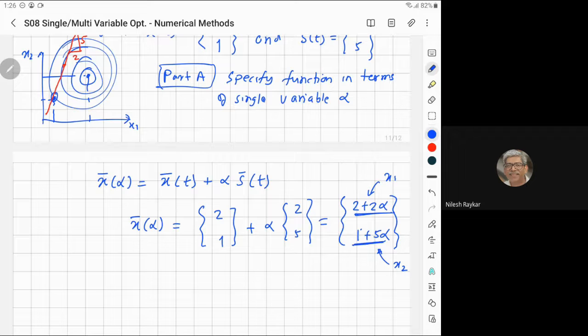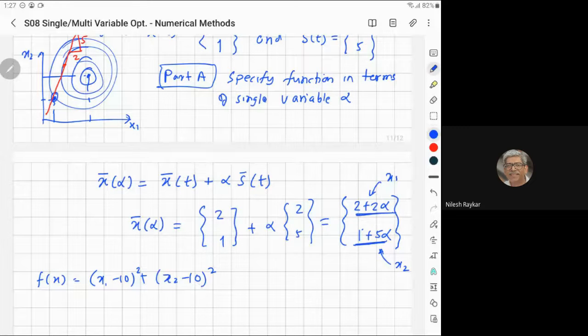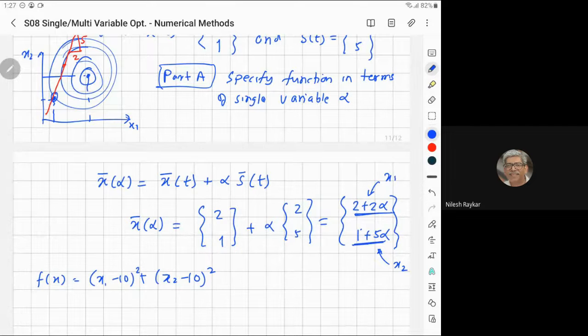So instead of searching in two-dimensional space, now we are searching in one-dimensional space, and our problem gets converted to alpha. Now, how do we use this to rewrite our function in terms of alpha? Our function is f of x equal to (x1 minus 10) squared plus (x2 minus 10) squared. In two-dimensional space it is this, but in the alpha space, that is when you are searching along a particular line, this function can be written in terms of alpha.